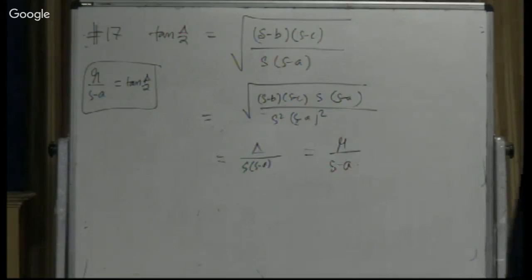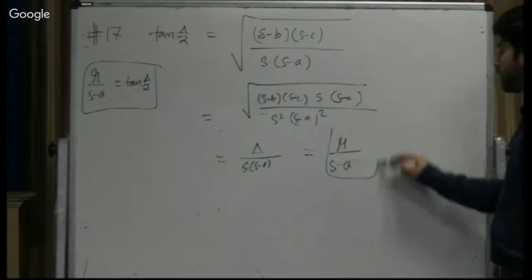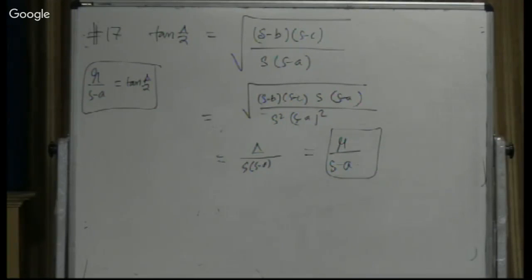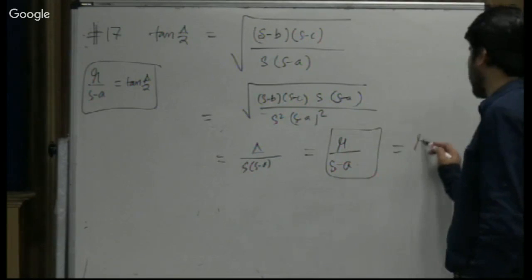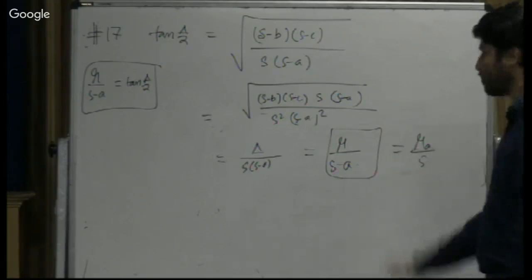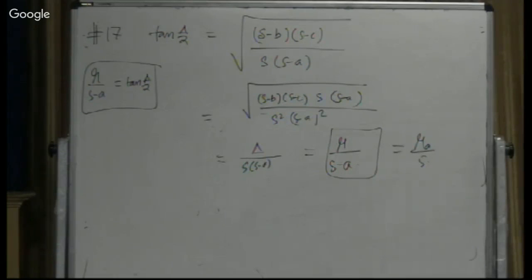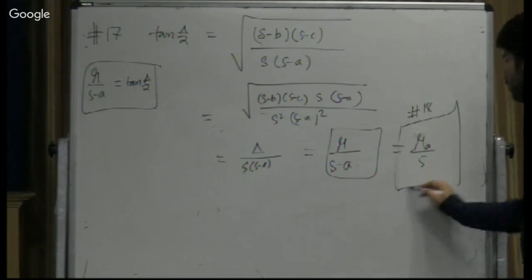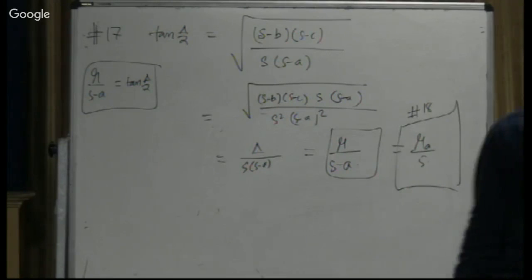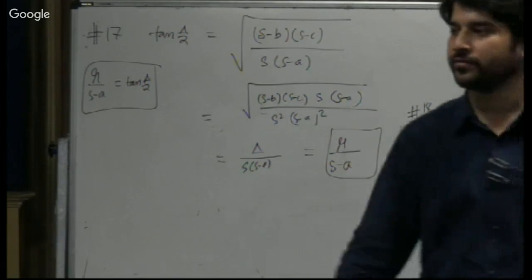क्लियर? नॉट क्लियर? प्रॉपर्टी 1 डेल्टा बाय एस इज आर. सो आई कैन से tan A by 2 इज बेसिकली R by S minus A. We can also say it is equal to RA by S. This is property 18. क्यों? प्रॉपर्टी 2 क्या था?